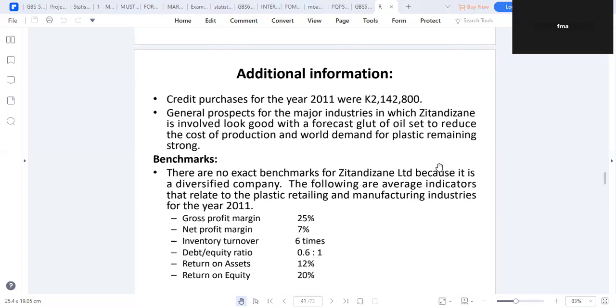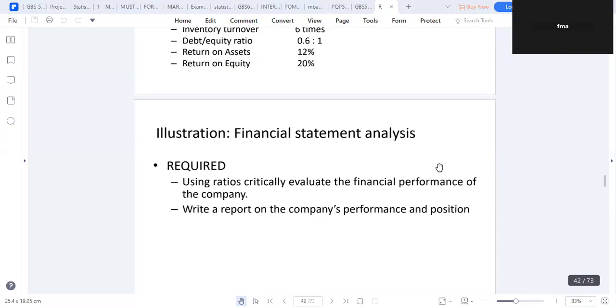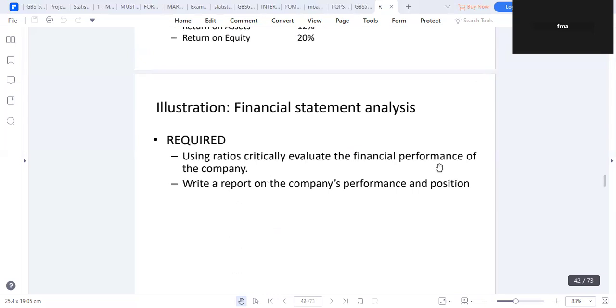So these are the benchmarks: gross profit margin 25%, net profit margin 7%, inventory turnover 6 times, debt to equity ratio 0.6 to 1, return on assets 12%, and return on equity. All our performance must be based on the benchmarks.